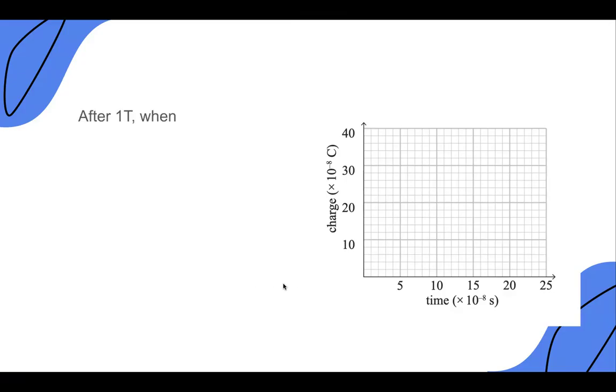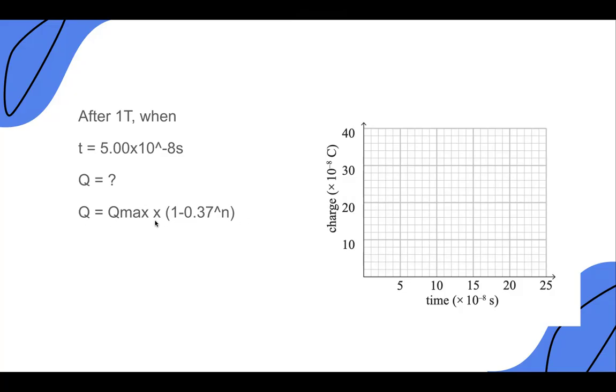So after 1T, when time equals what we calculated, 5 times 10 to the negative 8, what is Q? Remember the magic percentage? 63%? Yep.